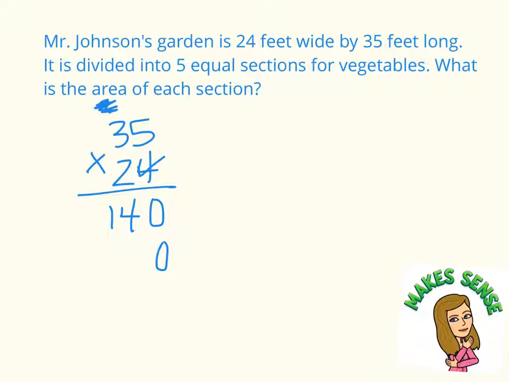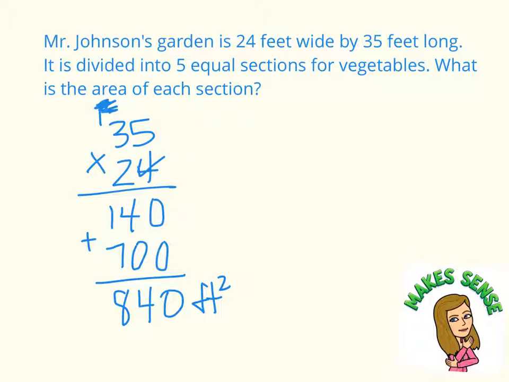All right, 2 times 5 is 10. 2 times 3 is 6, plus 1, 7. Now I add. 0 plus 0, 0, 4 plus 0, 4, and 1 plus 7, 8. Okay, so the area of the garden is 840 feet squared.